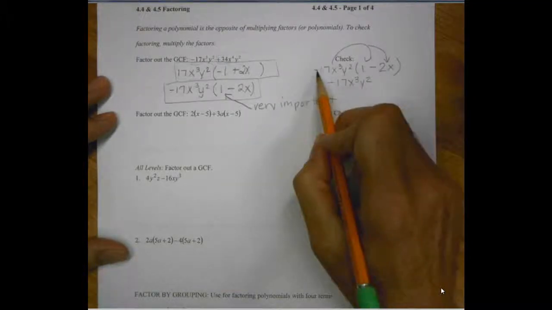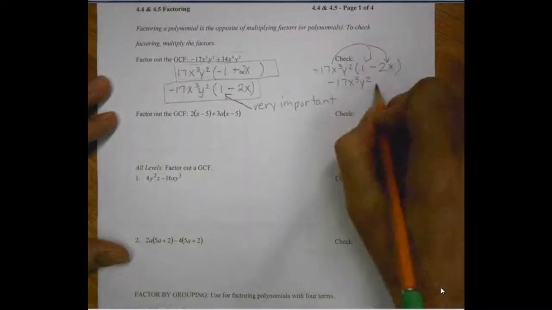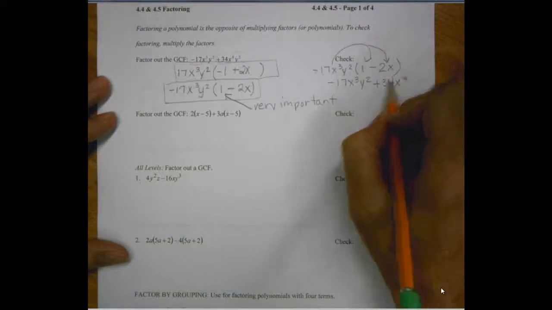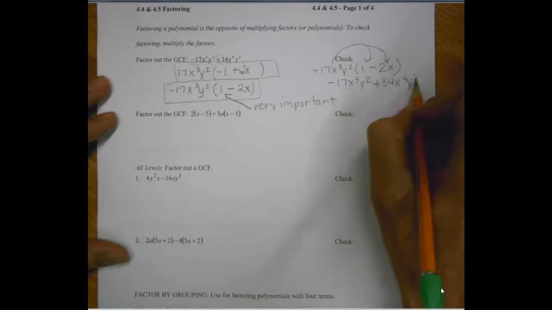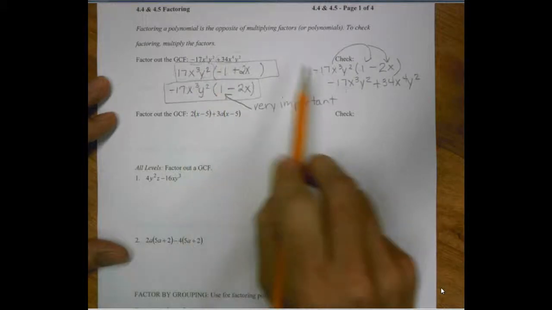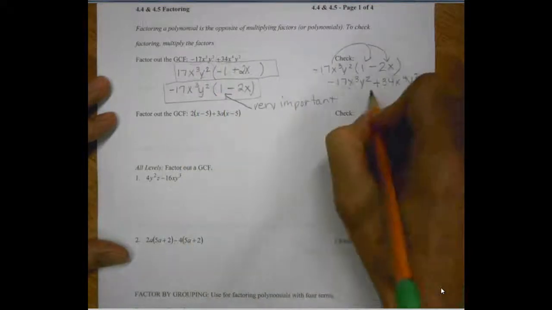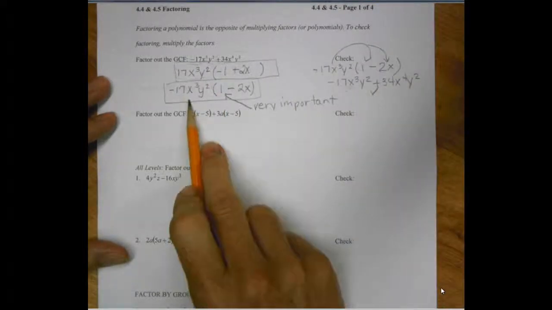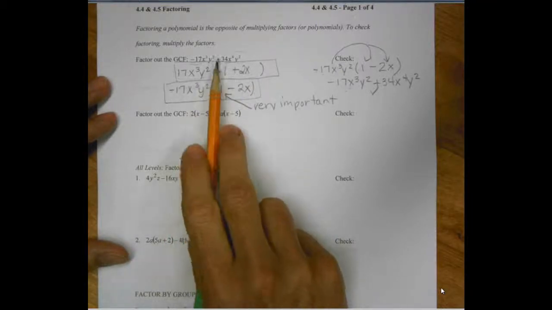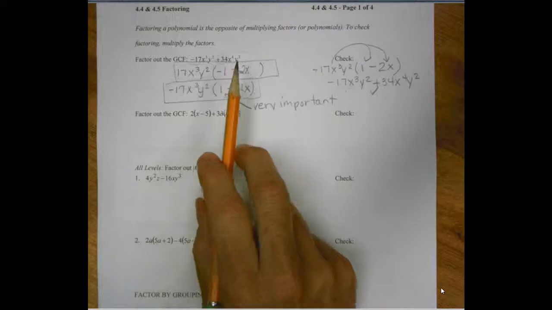And then for my second term, I have negative times negative, so it'll be a positive 34. My x cubed times x will give me x to the fourth, and the y squared has no matching y to multiply by. This should match exactly with what I started, and it does, so I know that what I pulled out and what I left inside the parentheses when multiplied together is equivalent to what I started with.